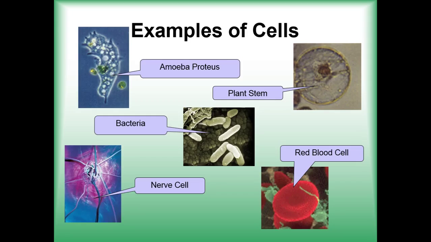So when we look at this example of some cells, we see that some living things are basically single cell, such as this amoeba and this bacteria, whereas other multicellular organisms, such as our cells or plants, have specialized cells. This would be an example of a plant stem cell. This is an example of a nerve cell and a red blood cell.